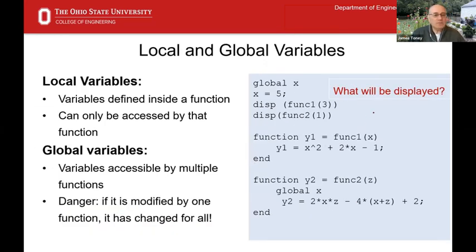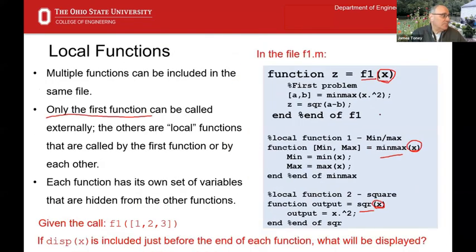All right, one more. It's kind of an advanced technique. Let me back up for a minute. So back here, I talked about how each function had its own variable x, all different variables. But what if you wanted them to be the same variable? What if you wanted all of these functions to be able to access the same variable x? You can do that.